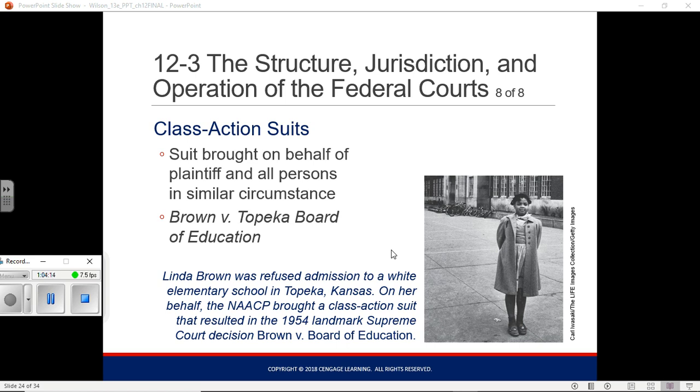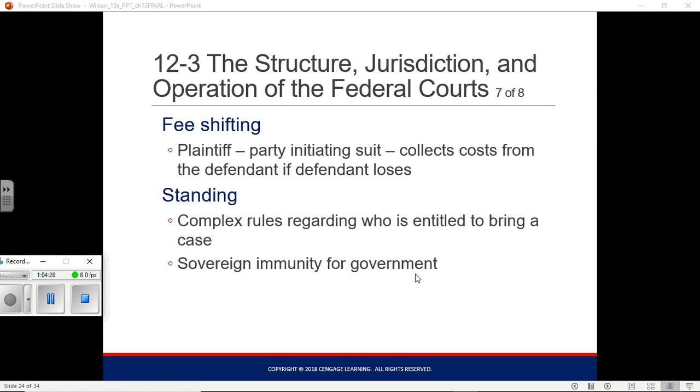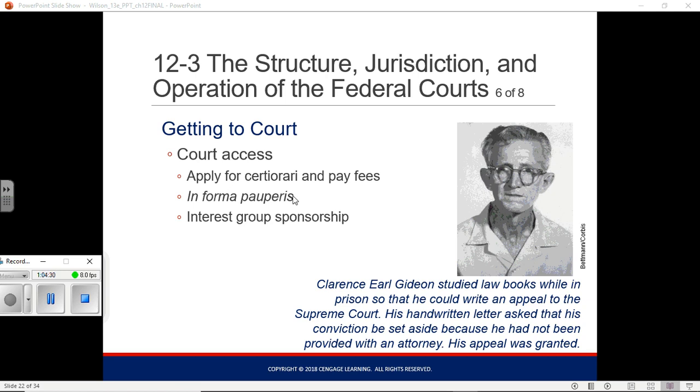Okay? But it's still pretty easy to bring a class action lawsuit. Honestly, it's very easy. Getting to court is pretty easy. Right? When you start to look at it all, when you start to look at the fact of somebody's going to pay your cost if you can't afford, or the court can grant you just a waiver if you can prove you truly are indigent and unable to pay for it.